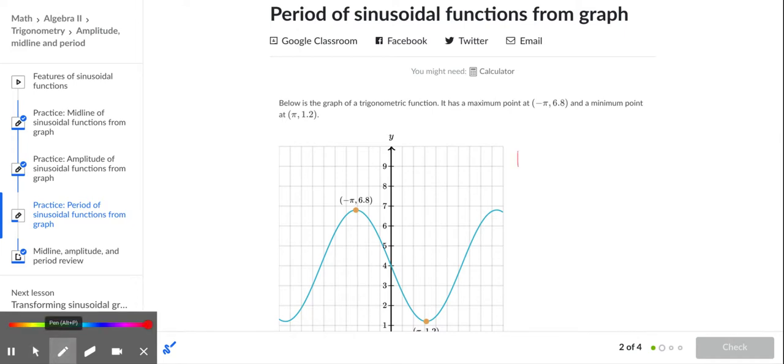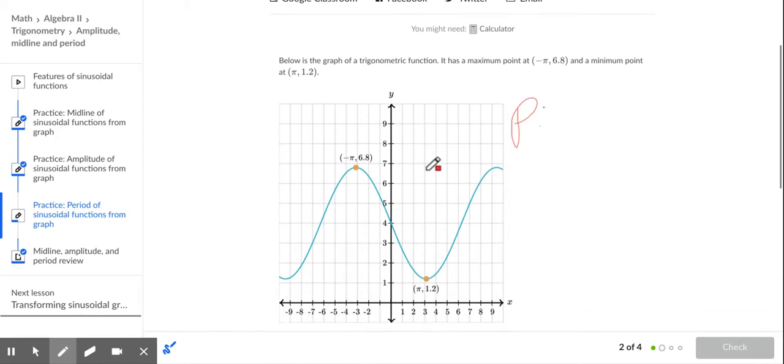So period, I'm just going to call it P, is going to be, remember, x direction, this distance. So we need pi minus negative pi, and that's going to give us this distance.